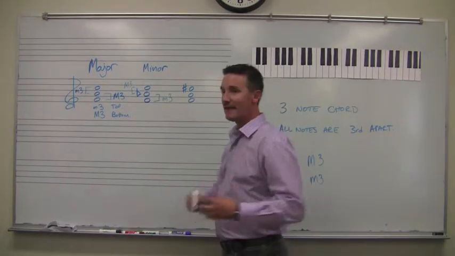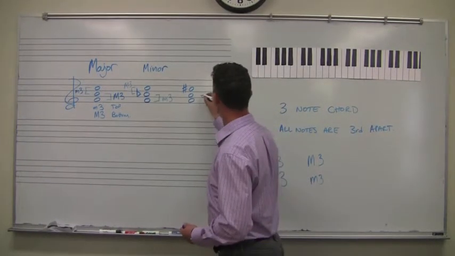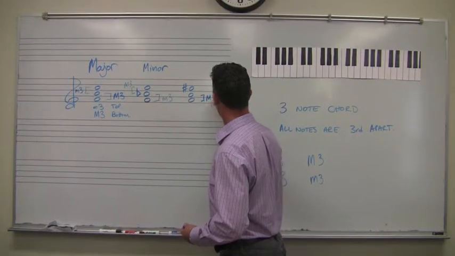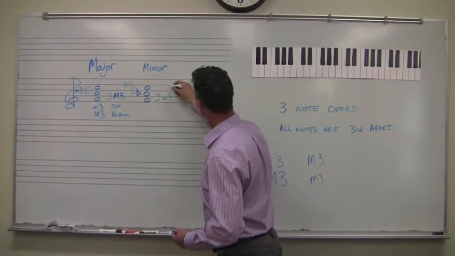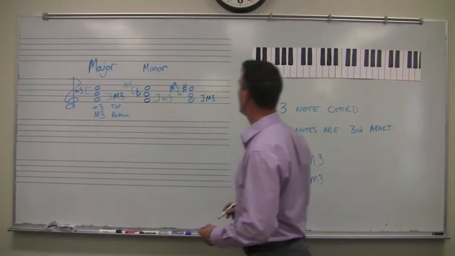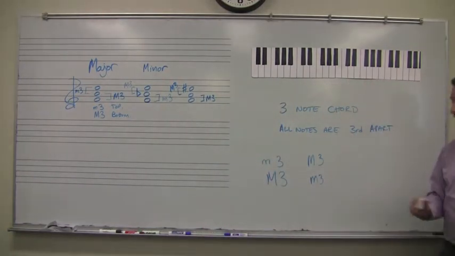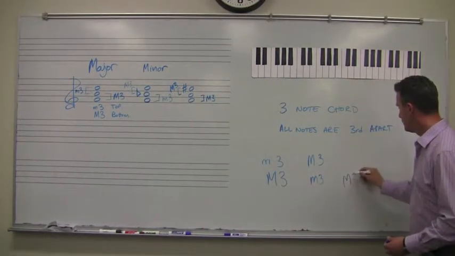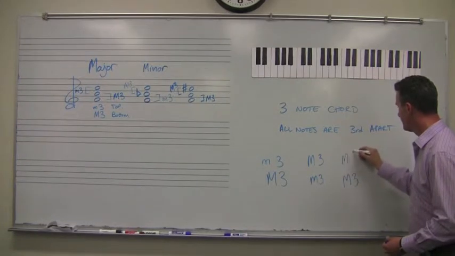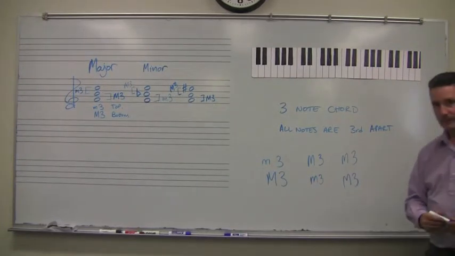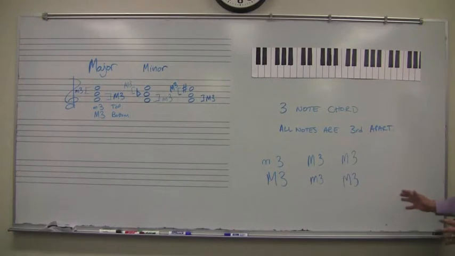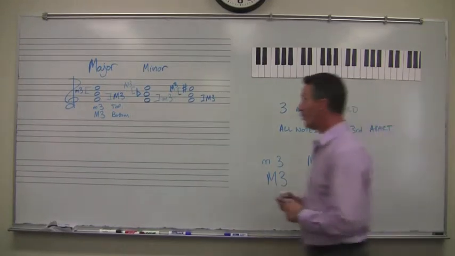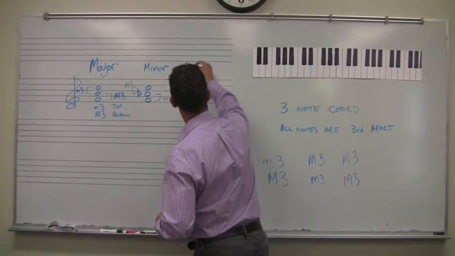However, when we get into the details, we realize that this time we have a major third on the bottom, and in fact, also a major third on the top. So we have two major thirds. That creates what we call an augmented triad.